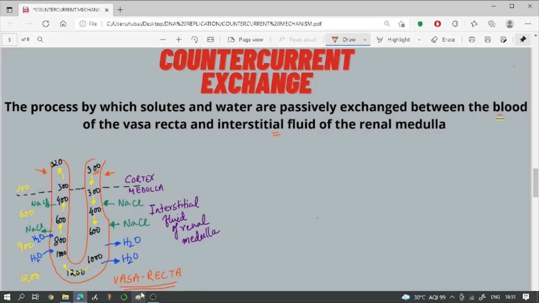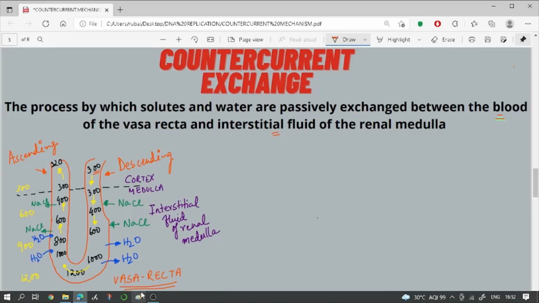Now as it flows along the descending part, let me write over here descending so that we don't get confused. So this is the descending part of the vasa recta and this one is the ascending part of the vasa recta. So as blood enters the vasa recta, it has an osmolarity of about 300 as it flows along the descending part into the renal medulla, where the interstitial fluid becomes increasingly concentrated.